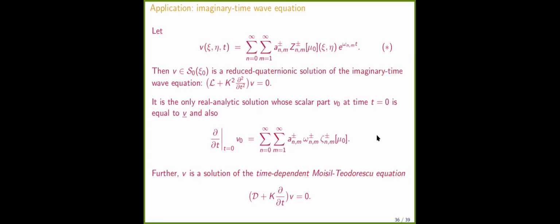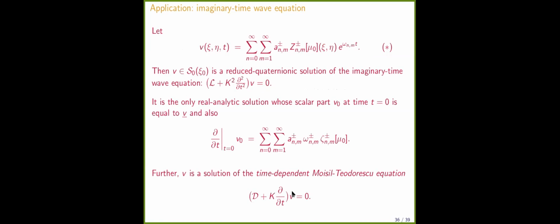Okay, so to prove this, well, first, if you apply D plus K partial with respect to time, that's the last step here, to one of the terms in the series, the zeta nm times the e to the omega nm times time. Well, the D only applies to the spatial coordinate. So we get D applied to the spatial coordinate, and the time is just a constant factor.